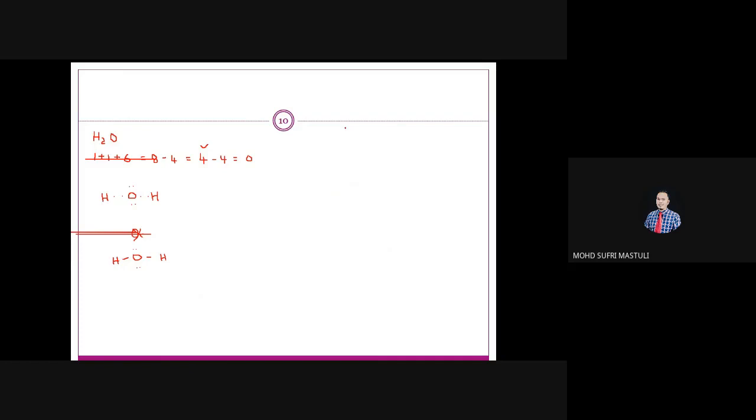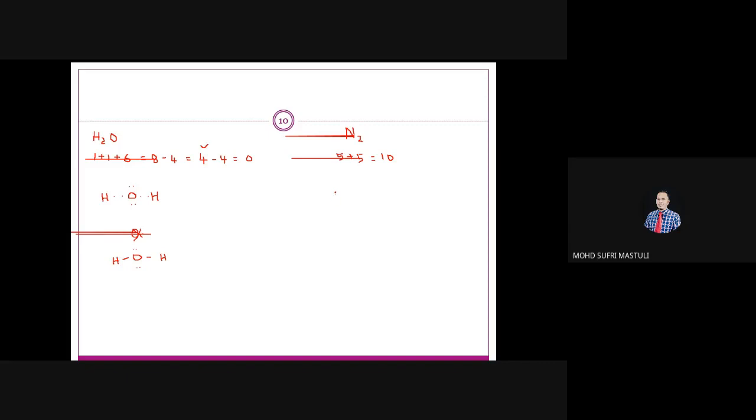Okay, we try another example. Let's say we have nitrogen, N2. We know nitrogen comes from group number 5, so the total number of valence electrons is 5 plus 5, which gives us 10 total valence electrons.